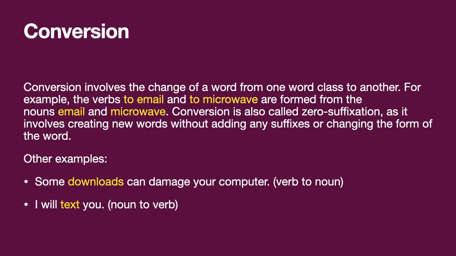So if it is a noun, you use it as a verb, or if it is a verb, you use it as a noun, etc. For example, there were nouns like email and microwave. From that, we get the verbs to email someone or to microwave something. So here, we are not changing the words email and microwave. We are just converting them by using the nouns as verbs.